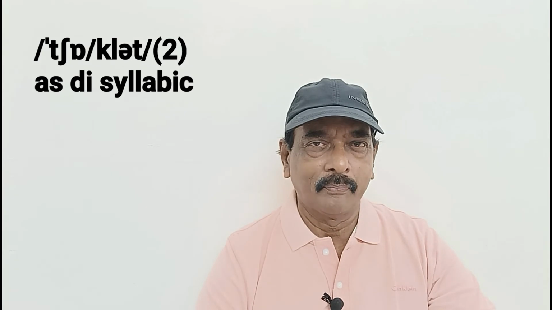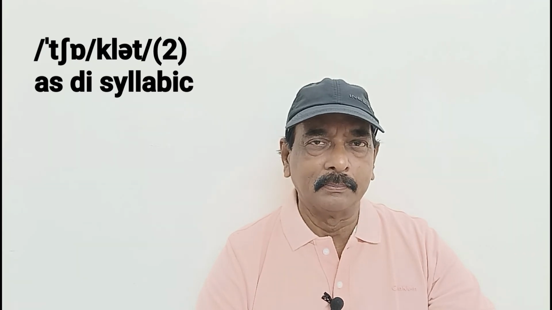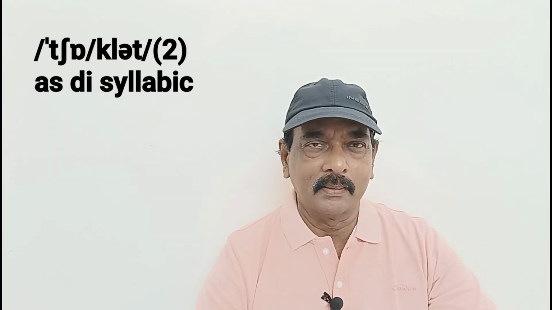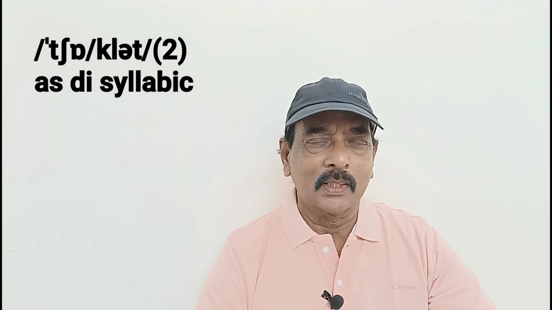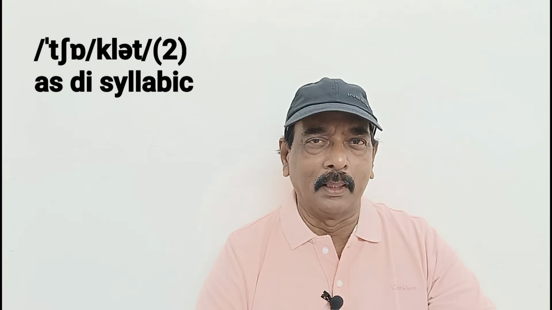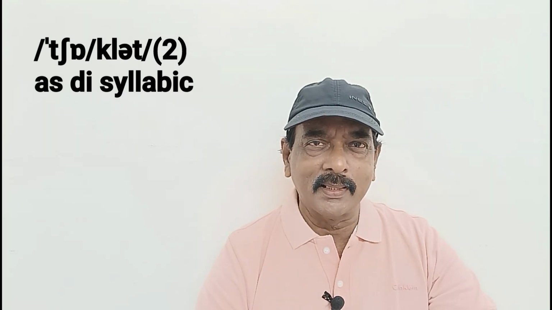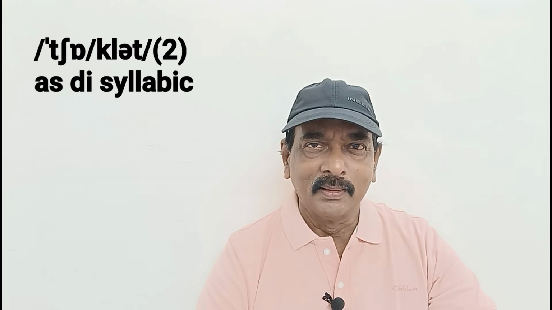It's a unit of sound, chocolate, but actually it is pronounced as chocolate. It's a disyllabic word. Just look at the phonetic symbol, how the trisyllabic-appearing word chocolate is reduced in the transcription.